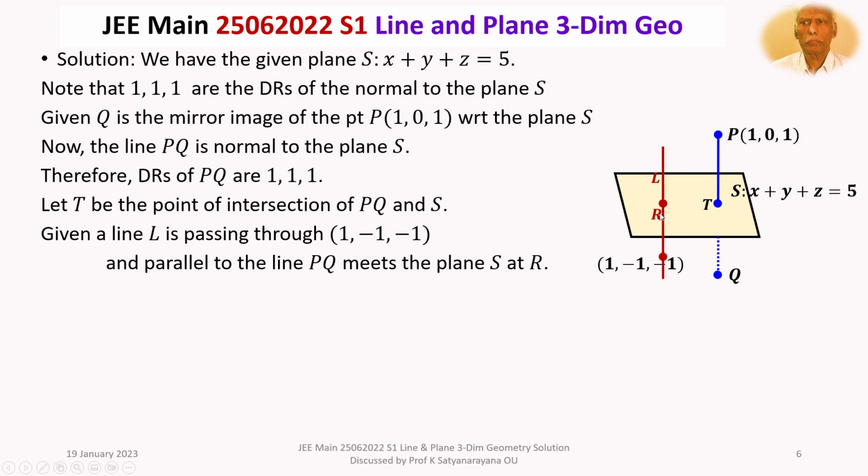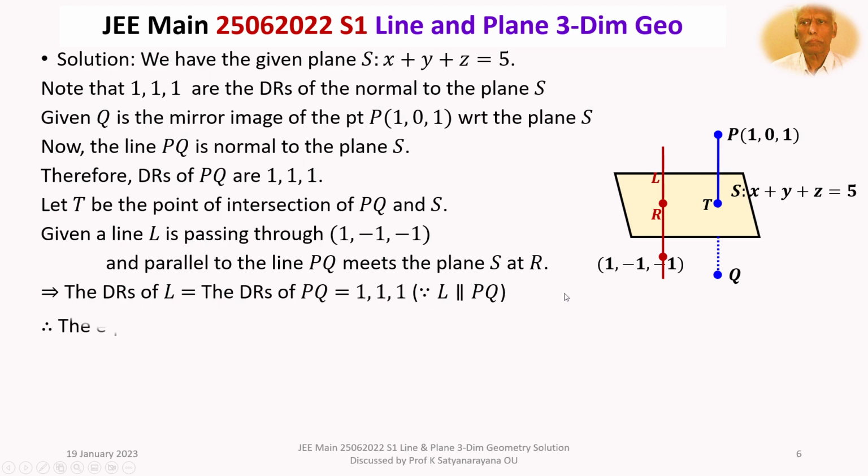Right. Now, what are the direction ratios of L? Because L is parallel to PQ, the direction ratios of L are equal to the direction ratios of PQ. The direction ratios of PQ are 1, 1, 1. So therefore the direction ratios of L are 1, 1, 1. Now we can write down the equation of L. How?